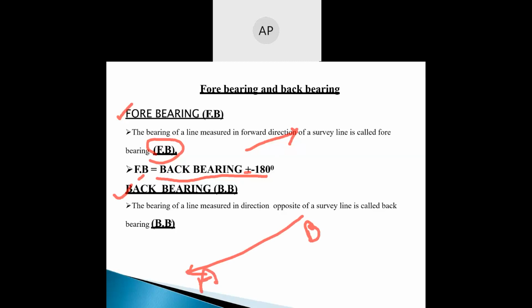The bearing of a line means the angle which we measure along a line. The bearing of a line measured in the direction opposite to a survey line is called back bearing.